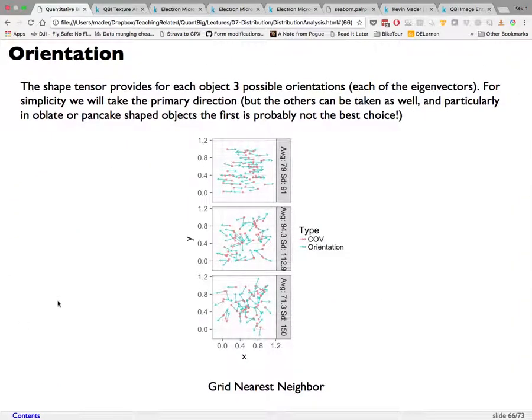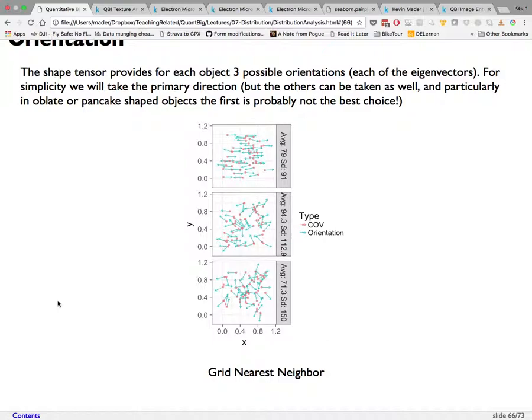So the real last thing that we'll cover now is this idea of orientation. Here we have a bunch of cells shown in red, and the orientation shown as these little blue arrows. For these systems we have the average and the standard deviation for 3 different systems. Looking at these, it's quite clear the top one is the most aligned, and the bottom one is the least aligned.